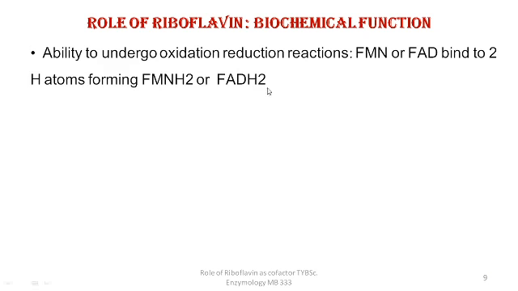To illustrate the biochemical function of riboflavin, riboflavin in its coenzyme forms has the potential to undergo oxidation-reduction reactions. So FMN or FAD both can bind to two hydrogen atoms, converting them to FMNH2 or FADH2, the reduced forms of the coenzyme.